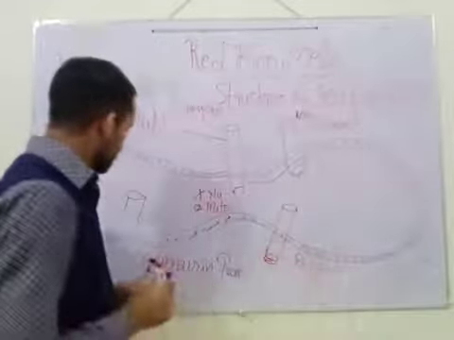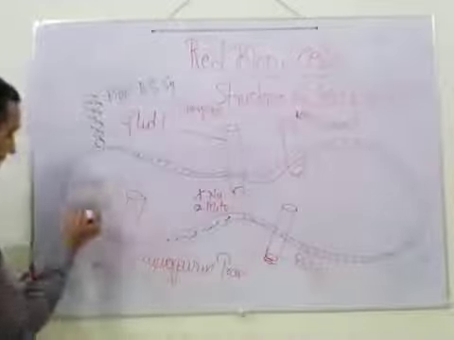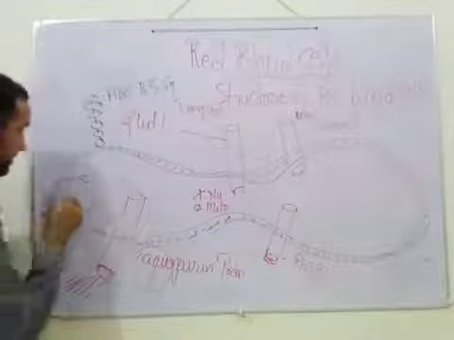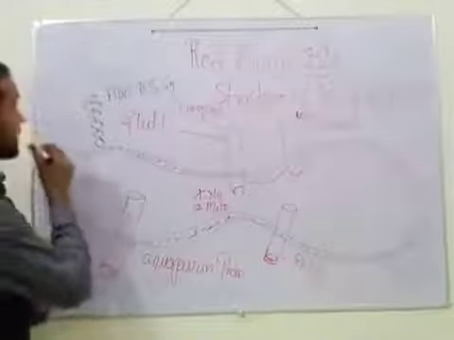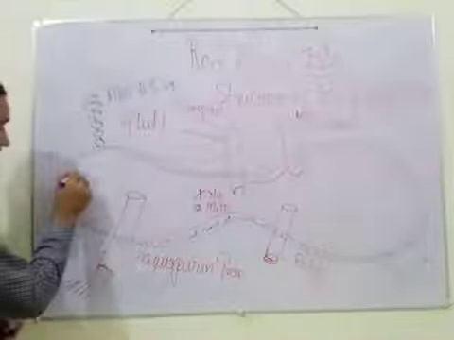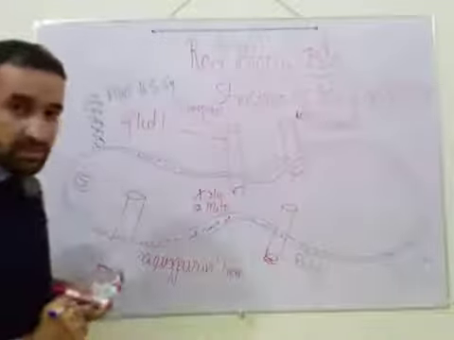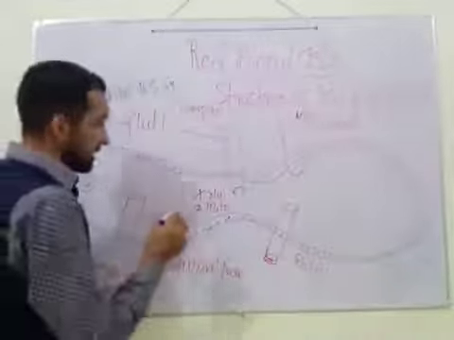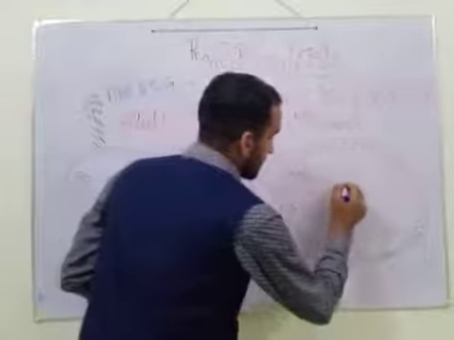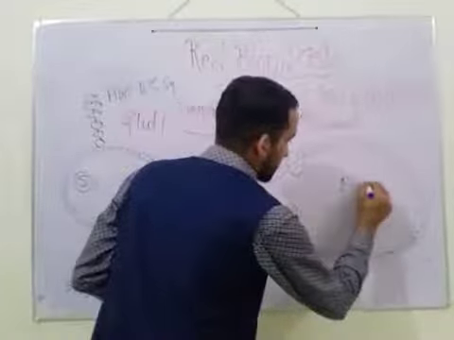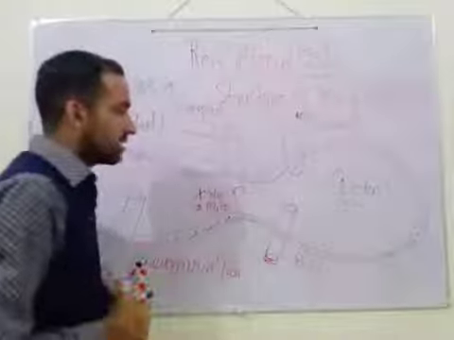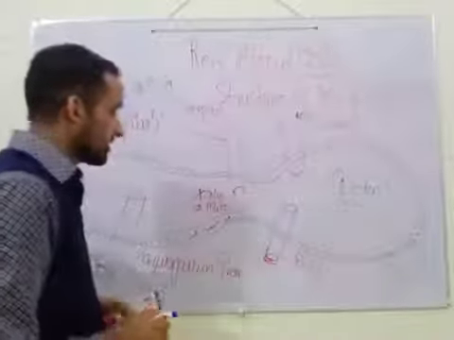For example, this is a protein which is called spectrin protein, which is present in the red blood cell. Another structural protein, I am drawing here, that is actin. Actin is another type of structural protein which is present in the red blood cell.